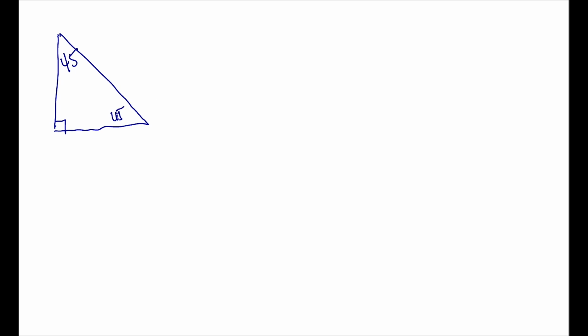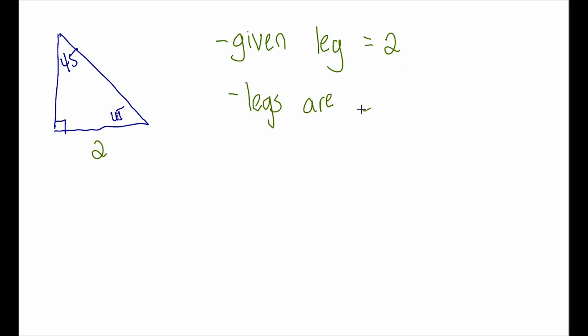It's a 45, 45, 90 triangle. And let's say it's given that one of the legs is equal to 2. Well, since the legs are equal, they both equal 2.